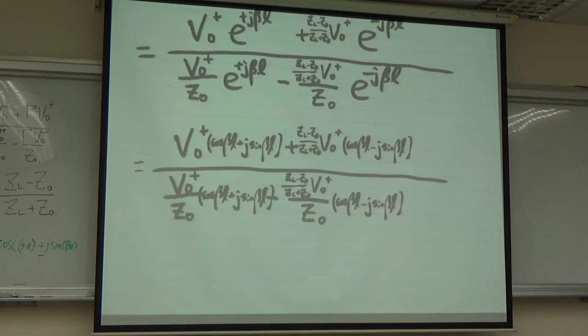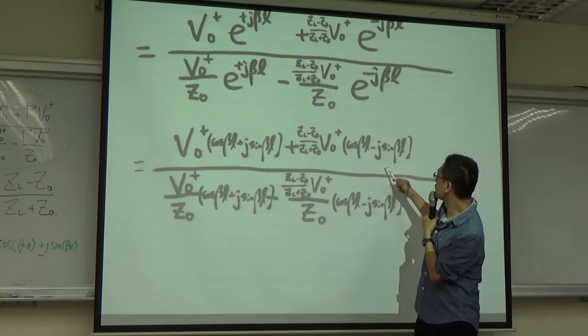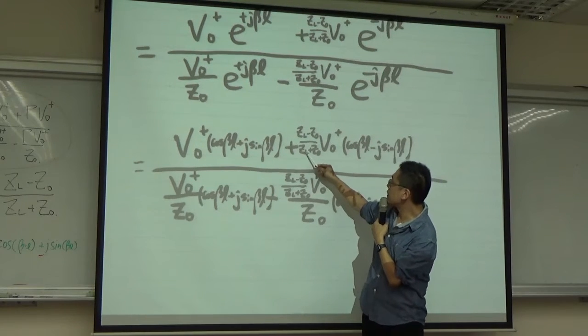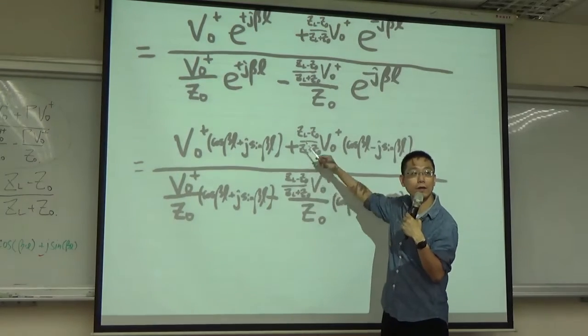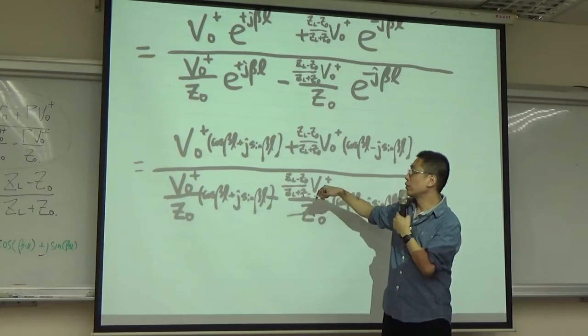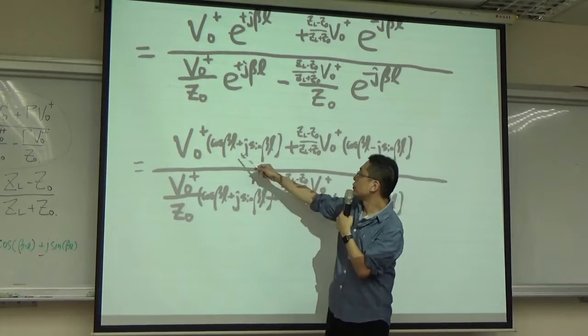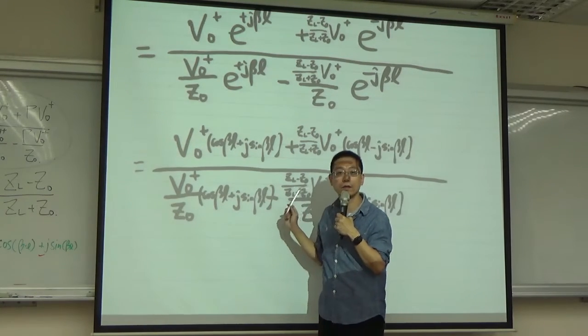Okay. Any questions? And for the rest, it's not very hard. What you need to do is just multiply ZL plus Z0 to everywhere, and you divide every part by cosine beta L. Okay?